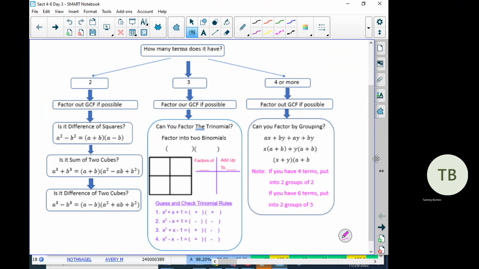If we could factor something out front first, though, we have to do that first. With 4, or this really could say 4 or 6, that's the most that we would do in this class. You'd factor something out. And then if you have 4 terms, you put them in 2 groups of 2. If you have 6 terms, you put it into 2 groups of 3.